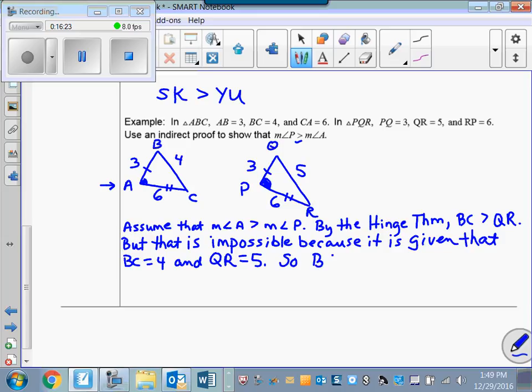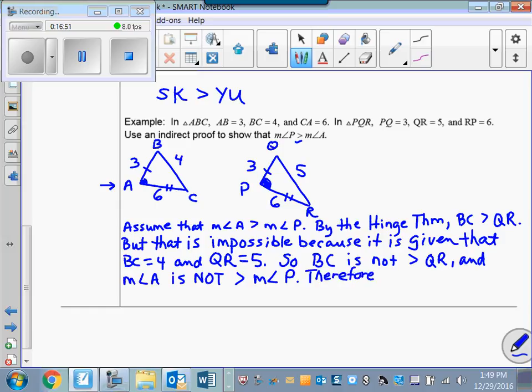So BC is not greater than QR, and the measure of angle A is not greater than the measure of angle P. Therefore, I always feel like I have a lot of therefores in my paragraph proofs.